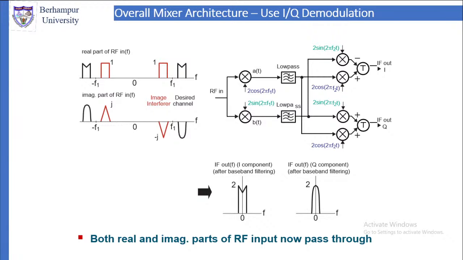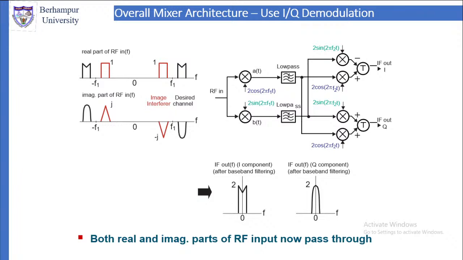Now I'll look at an overall mixer architecture. Use in-phase and quadrature demodulation, IQ demodulation. What we do here is use both sine and cosine in the second stage. In the top and bottom we are using both sine and cosine. You can see there are two mixers in the top and two mixers in the sine.